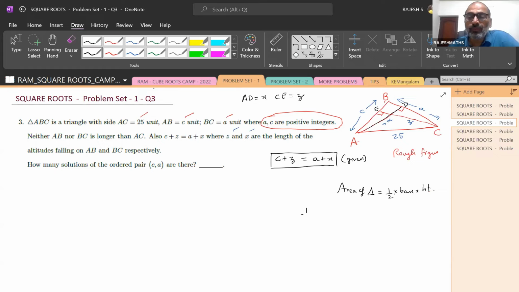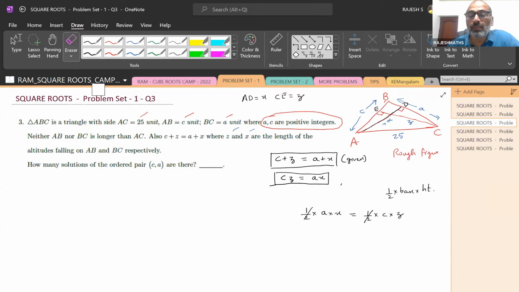Half into a into X is equal to half into c into Z. If you take a as the base, X will be the height. If you take c as the base, Z will be the height. So you can cancel half and half. So you get cZ equal to aX. This is by area property.